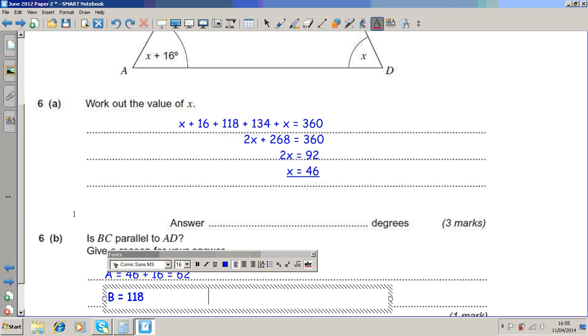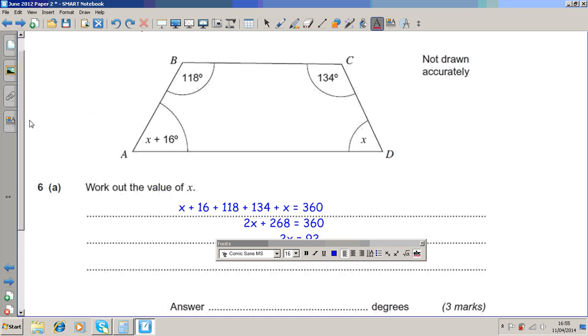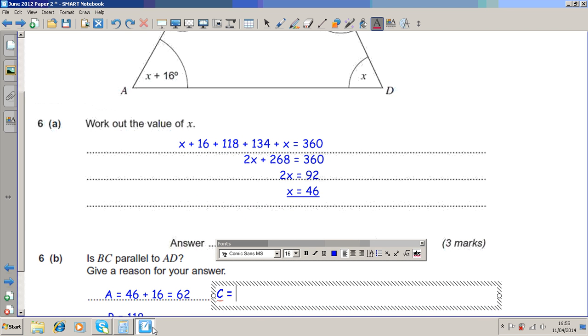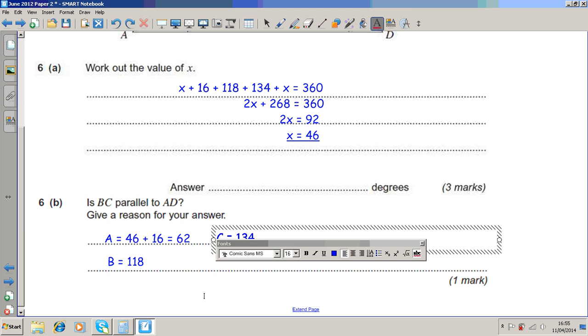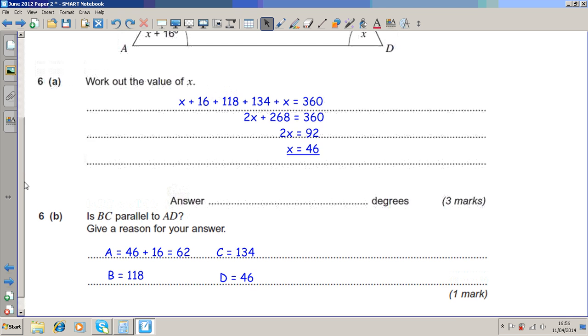I'm going to work out C. C is 134. I'm going to work out D, and D is x, which is 46. So there are my angles.